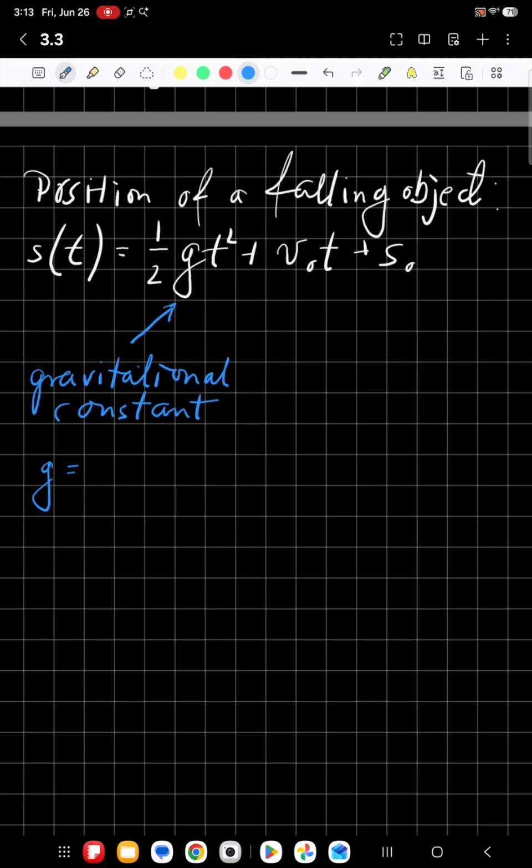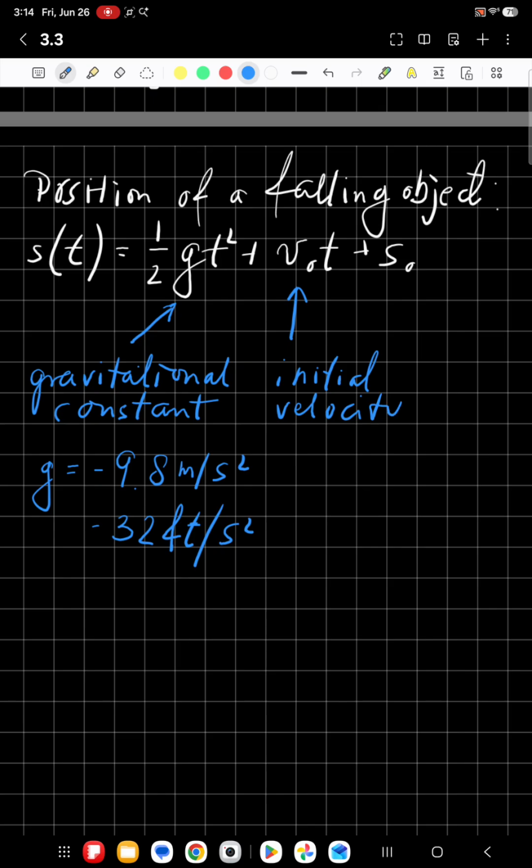So this is an acceleration, 9.8 meters per second squared, or in feet per second squared, negative 32. I think that's what we'll use in this example. Then t is just time, right? Then initial velocity, and S0, that's initial position.